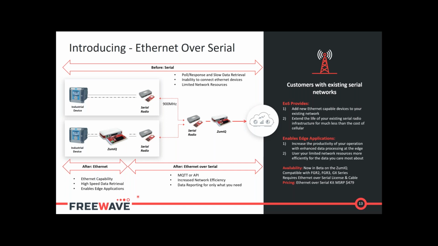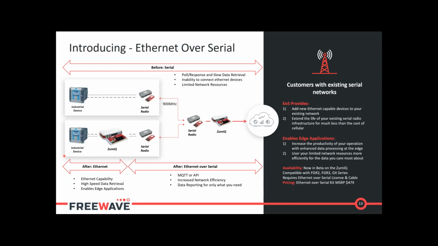So with the IQ environment with FreeWave Edge that we'll be talking about later today, you can get better data reporting, more efficient data retrieval from your existing devices. So you can extend the life of your existing infrastructure and add that Ethernet connection and add the edge applications.